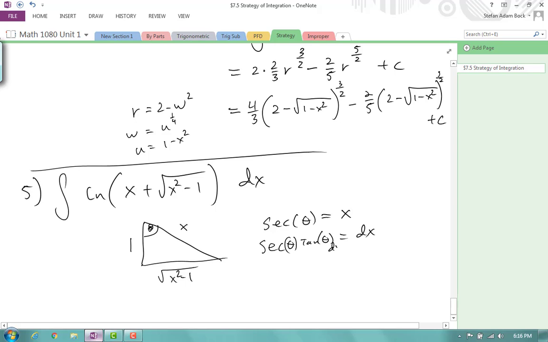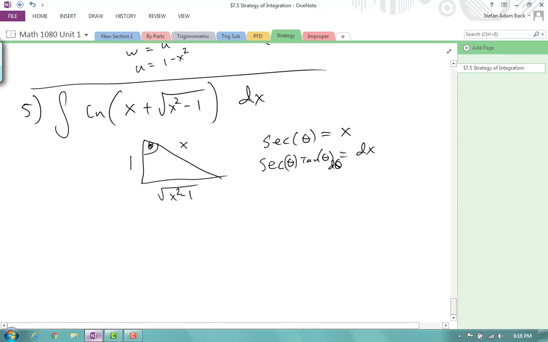Oops, forgot my d theta. So if I do that, I have the integral, I have the natural log, I have x is secant theta, plus, let's see, square root of x squared minus 1. That's opposite over adjacent. That's actually tangent of theta. And the dx out here is secant of theta tangent of theta d theta.